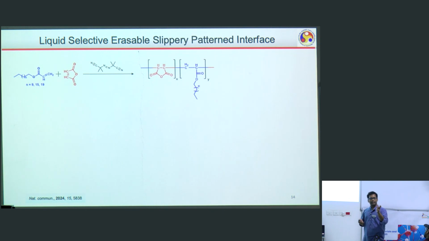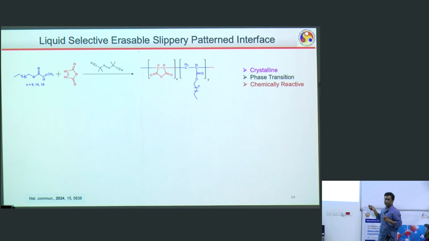So instead of this comb-like polymer, we have designed another polymer which is reactive, but the comb-like component is still there. So it's crystallizable, it undergoes phase transitions, and the maleic anhydride group makes it chemically reactive. Okay, it's a random polymer. It's not a copolymer.